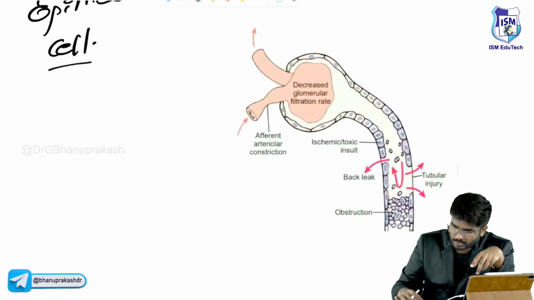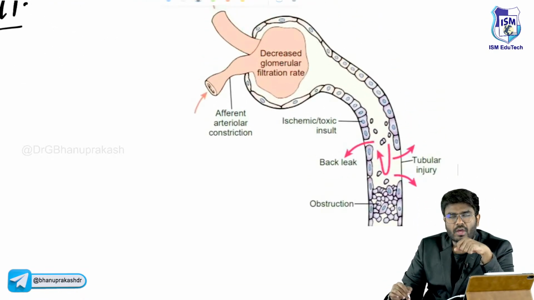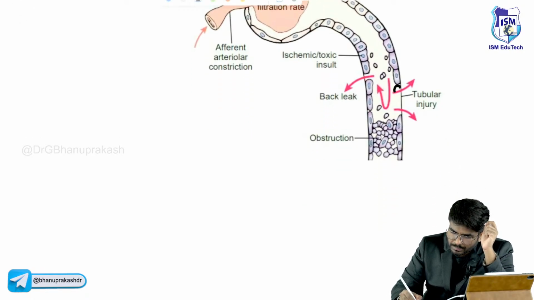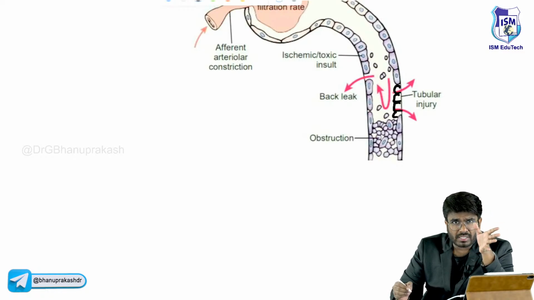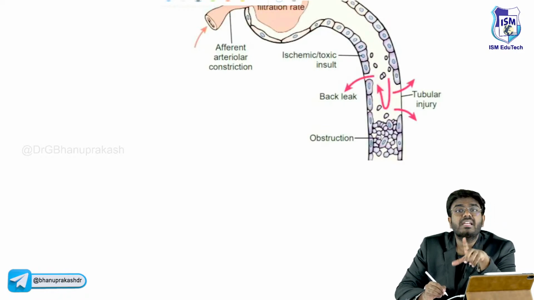Look here. You can say this is the nephron: afferent arteriole, efferent arteriole, Bowman's capsule, proximal convoluted tubule. This is the place where normally you are supposed to have the PCT epithelial cells with the brush border. But what if the PCT epithelial cells are dying?